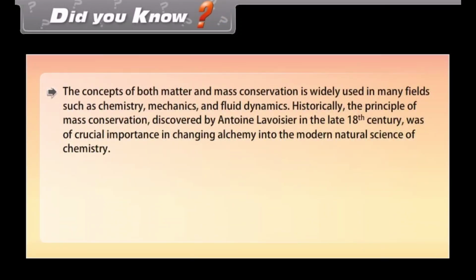Did you know the concepts of both matter and mass conservation are widely used in many fields such as chemistry, mechanics, and fluid dynamics? Historically, the principle of mass conservation, discovered by Antoine Lavoisier in the late 18th century, was of crucial importance in changing alchemy into the modern natural science of chemistry.